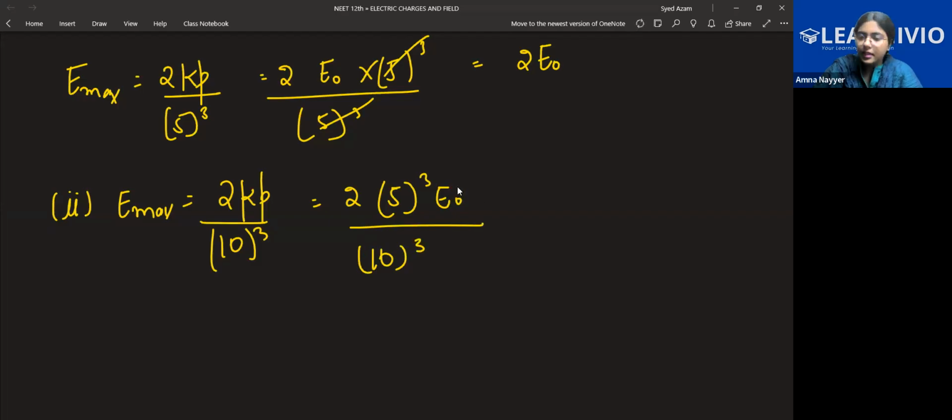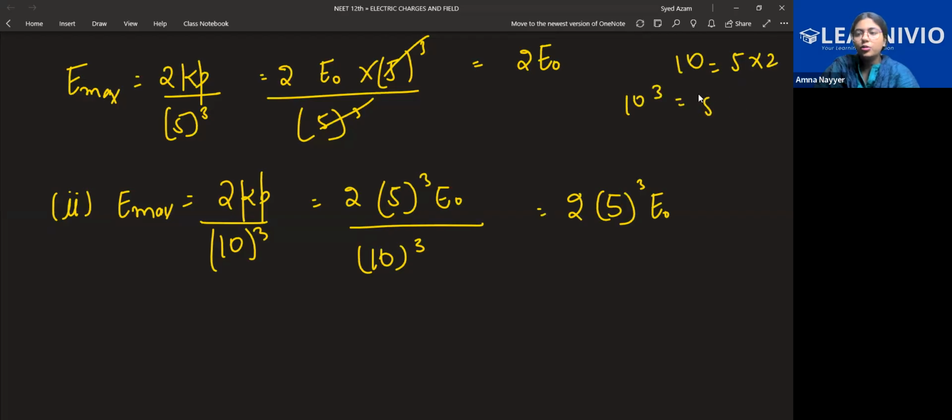Now how will you solve this further? See, 2 into 5 to the power 3 E naught can be written as it is. Now 10, how can you write 10 in terms of a simpler number? 10 can be written as 5 into 2. So when we have 10 cube, it will be 5 into 2 whole cube, means 5 cube separately into 2 cube separately.